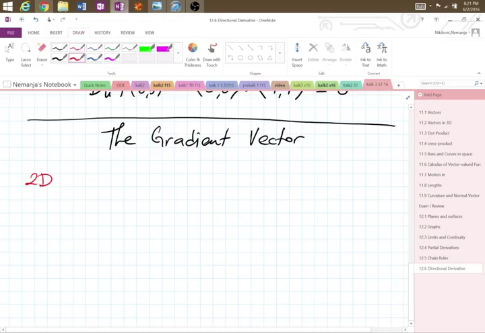The gradient for the 2D case, now the notation is the upside down triangle. We read this as del. So del f of (x,y) is equal to (fx(x,y), fy(x,y)), and those two are functions.